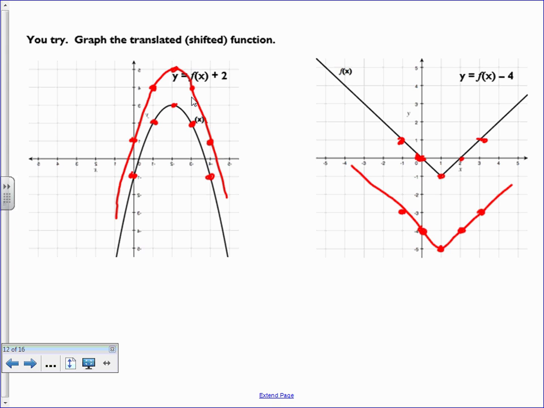And then I took each of those points, and since my function was f of x plus 2, I moved each point straight up 2 units, and that helped me to draw the new function. Over here, same thing. I found some points on my original function, and then I was doing f of x minus 4. So I took each of the points and I shifted them down 4 units, and that helped me to draw the new function there.